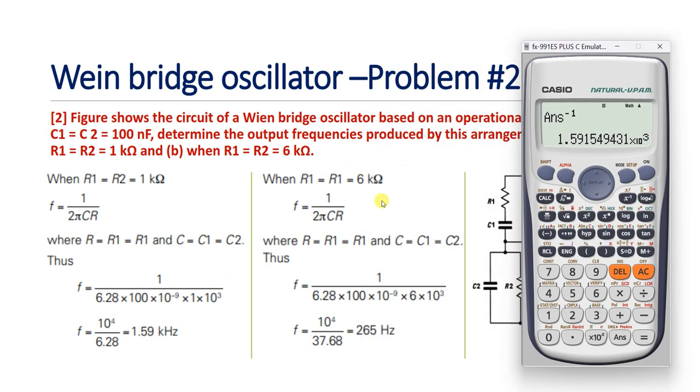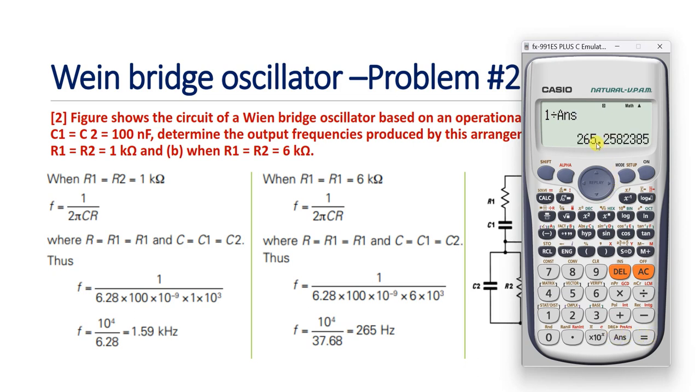So the second case is what? Instead of 1 kilo ohm, the R value is 6 kilo ohm. What is the answer? So you go here: 2 into pi into C value 100 nano into 6 kilo. 2 pi 100 nano 6 kilo is equal to; this is the answer, and for the reciprocal, x to the power of minus 1 or 1 divided by the denominator answer.